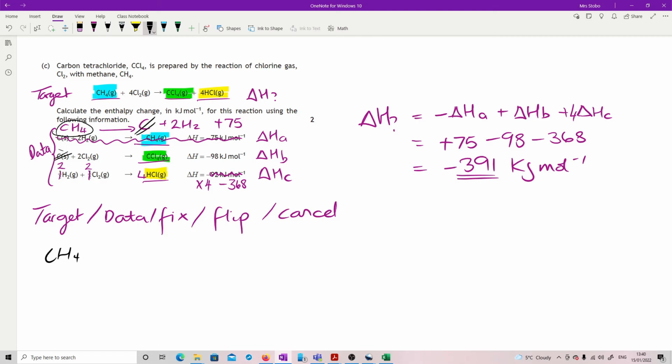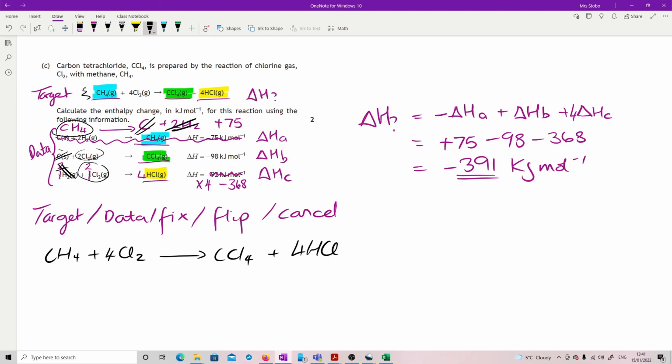I've got 2 chlorines and another 2 chlorines here, so plus 4 Cl2, and I've got 2 hydrogens, but I've also got 2 hydrogens on the other side, so I can cancel those ones out. And then I've got CCl4, and I've also got 4 HCl.